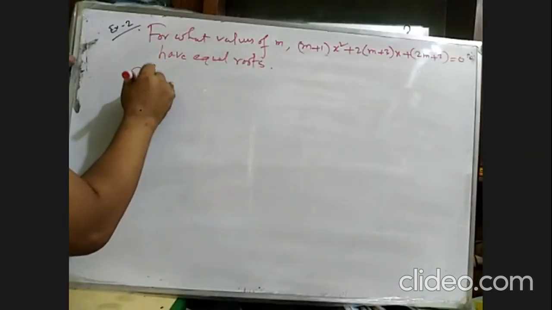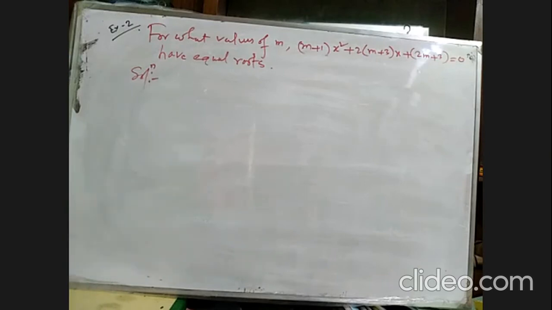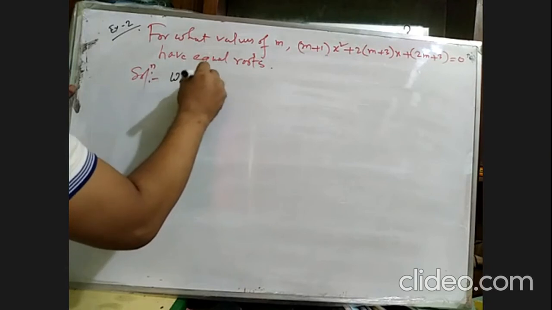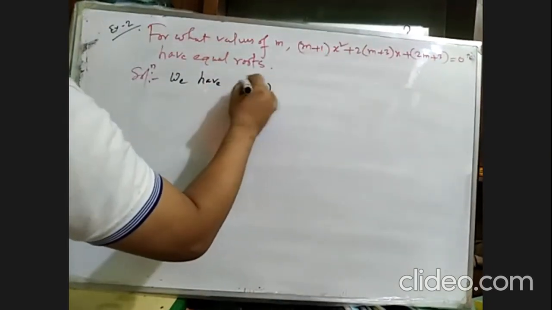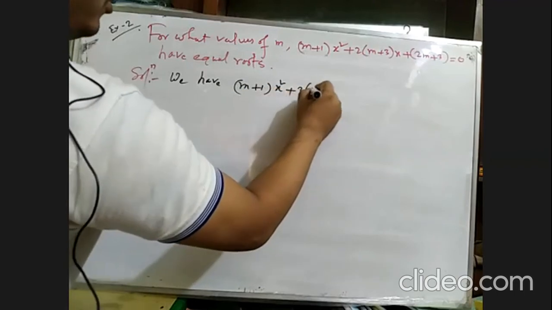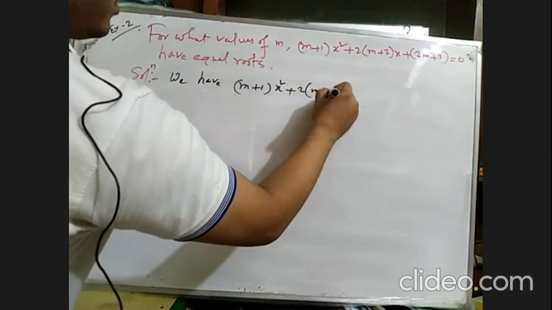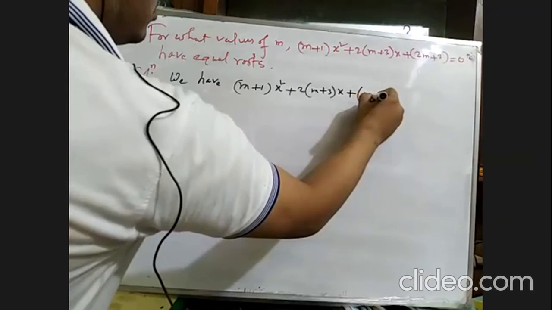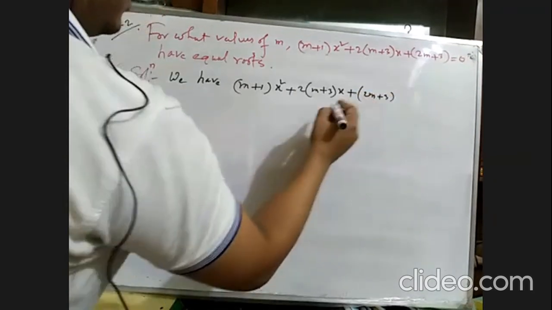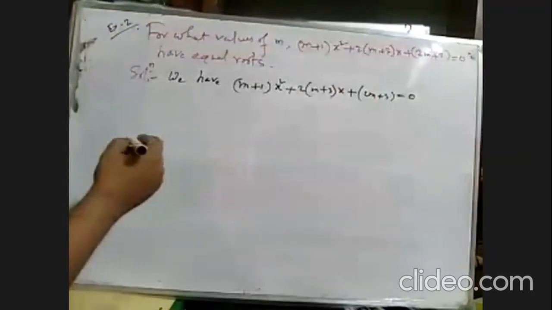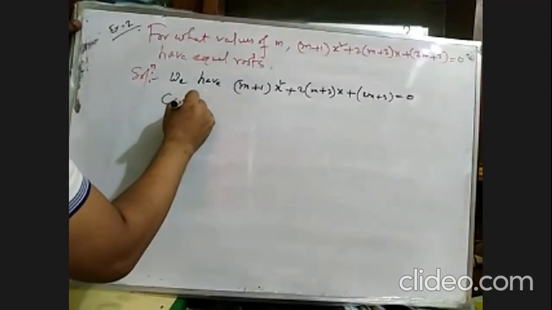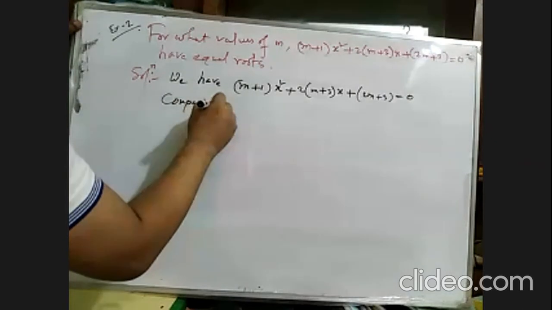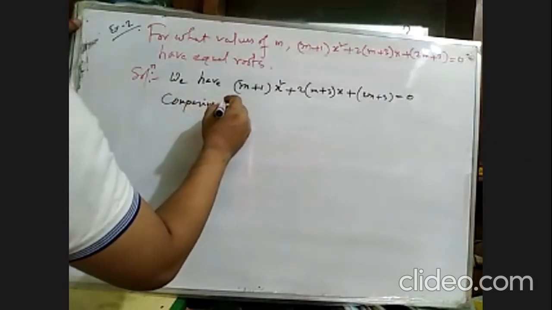Solution. We have the equation m plus 1 x square plus 2 into m plus 3 into x plus twice m plus 3 equals to 0.